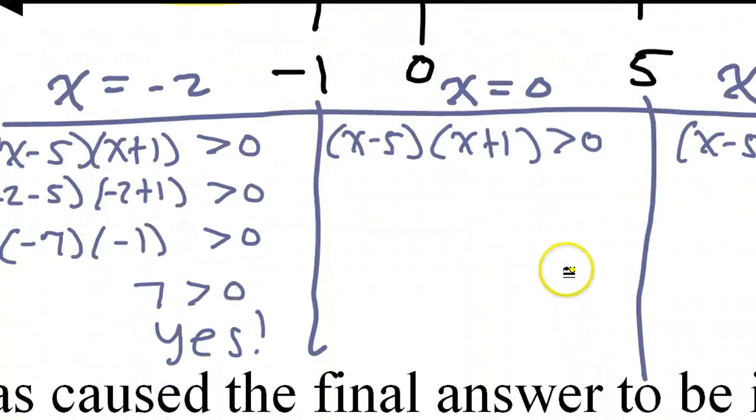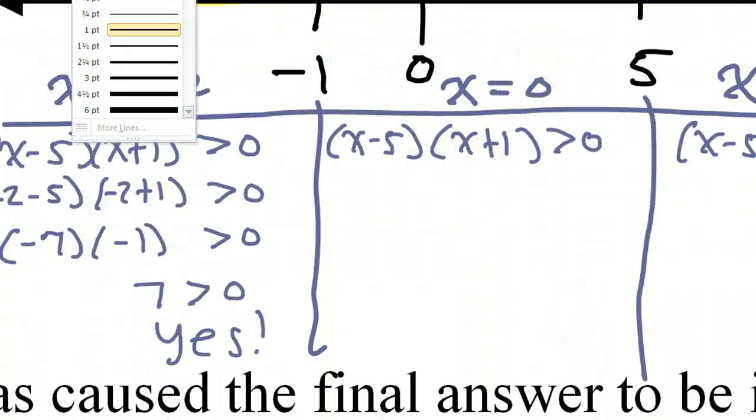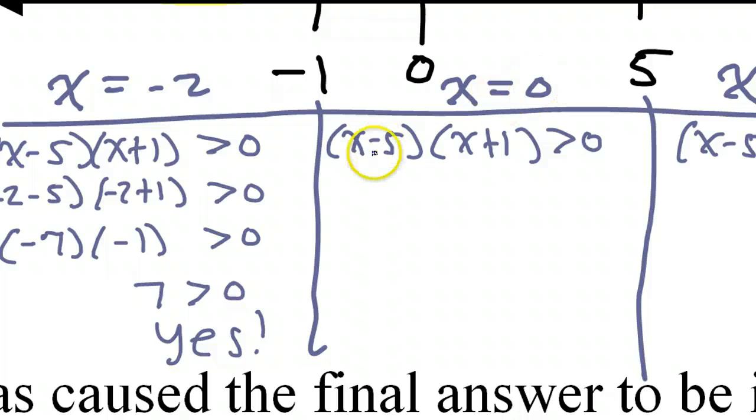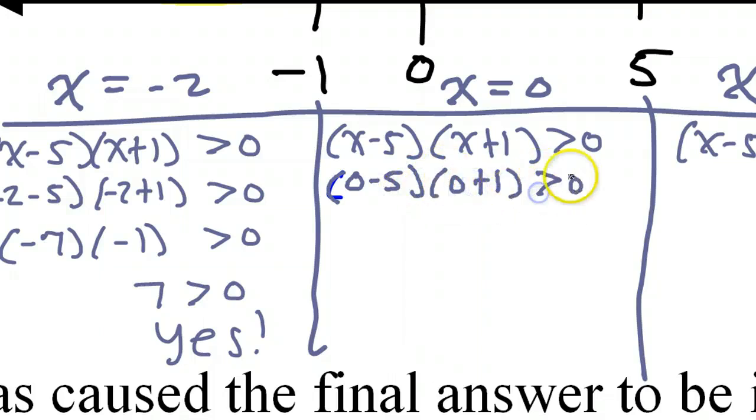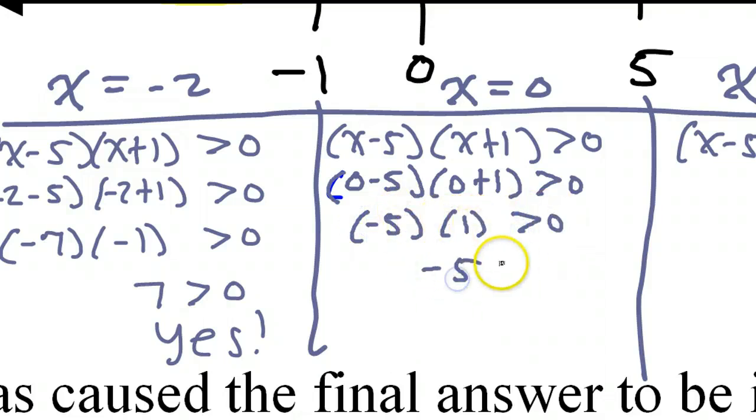Now, looking at the middle zone, if I let x equal 0, then I've got 0 minus 5 and 0 plus 1, but that's just negative 5 and 1. So that's just negative 5.